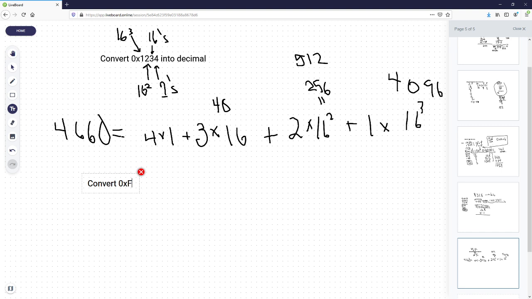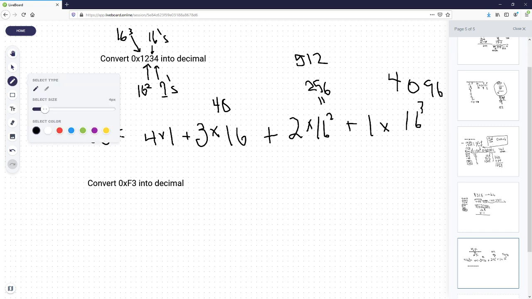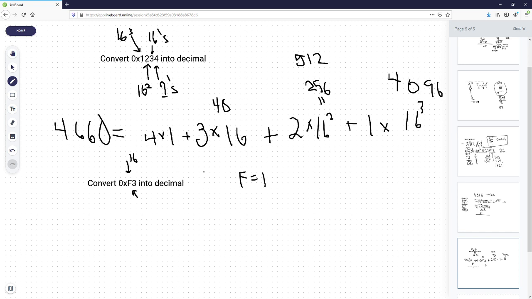Let's convert another one. This is probably an example that I should have started with. This is the easier example. So we have a 3 in the ones place and an F in the 16s place. So we have to remember what F converts into. F converts into 15.